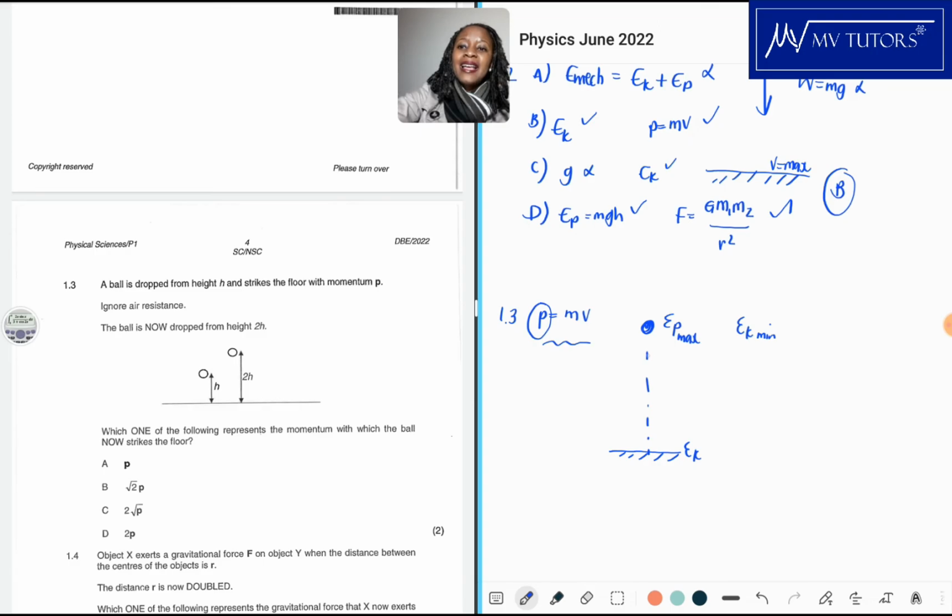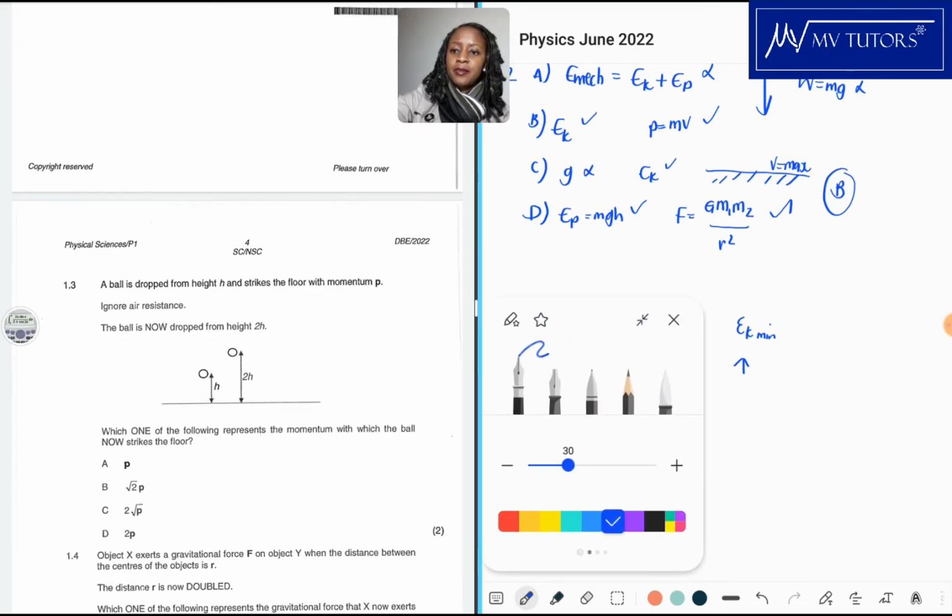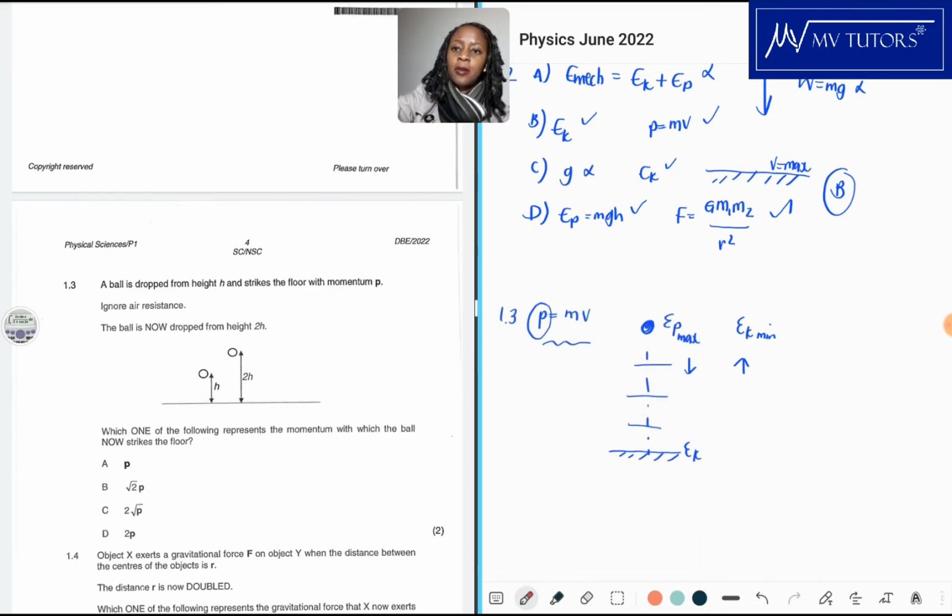Okay, and let's say you take intervals, you'll start seeing that the value of the potential energy reduces while the kinetic energy increases. So basically I can make the potential energy at the top equal to the kinetic energy at the bottom.